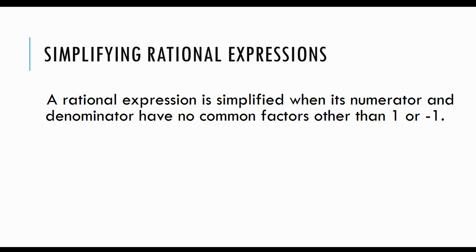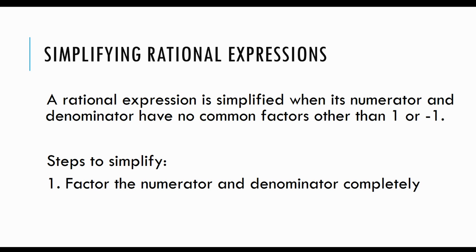Okay, so that gets us into the idea of simplifying. A rational expression is simplified when its numerator and denominator have no common factors other than 1 or -1. So here are my steps to simplify. Factor the numerator and denominator completely.